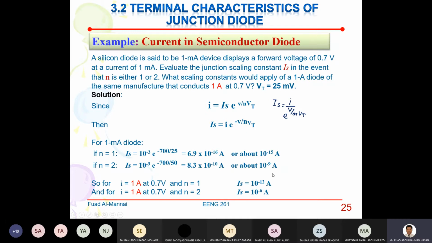The difference between them is about 1 million, 10 to the power 6. Any questions?